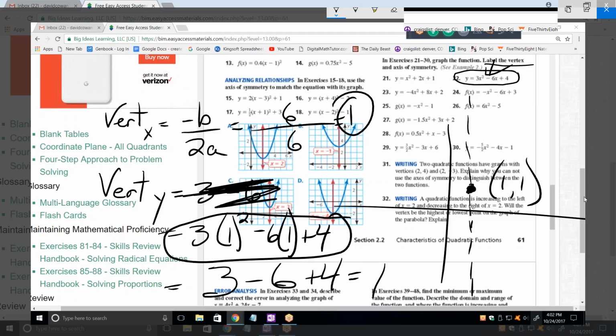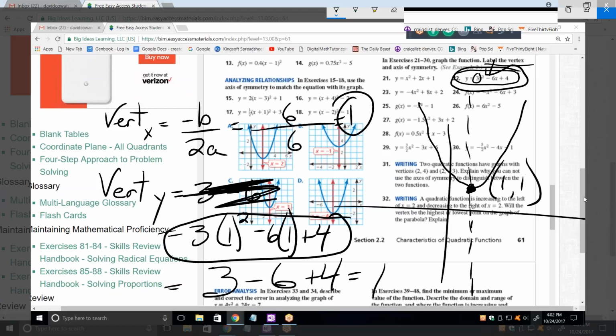Now, based on the original equation, is that a parabola that opens up or down? It opens up. In other words, something that looks like that. The only reason you know it opens up is because that is a positive number.